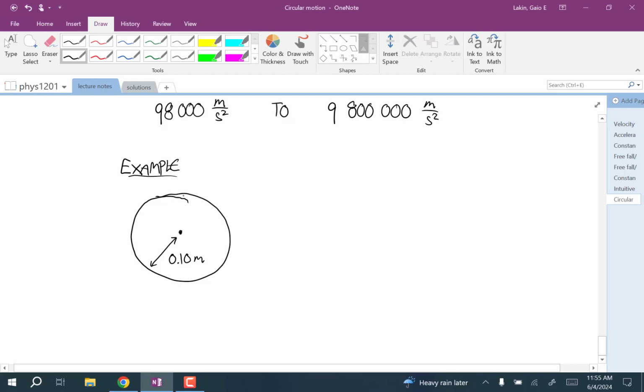And we want to know how fast a sample has to be moving. So how fast must the sample move to achieve a relative acceleration of 100,000?